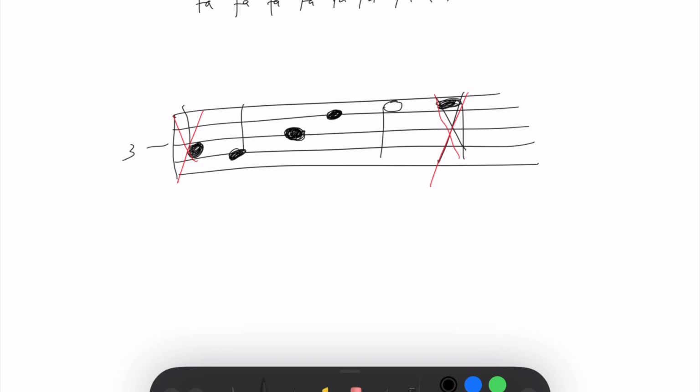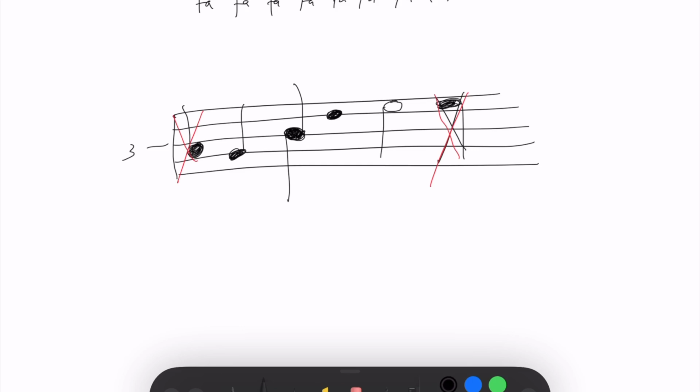And so the question you want to ask yourself is, how about on the third line itself? Where do you put it? On the third line, just like you have this note here, you can decide for yourself either to go up or to come down. That choice is totally yours to make.